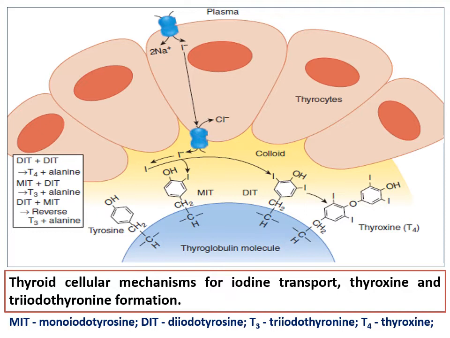This sodium iodide symporter is capable of producing intracellular iodide concentrations that are 20 to 40 times as great as the concentrations in plasma through secondary active transport.